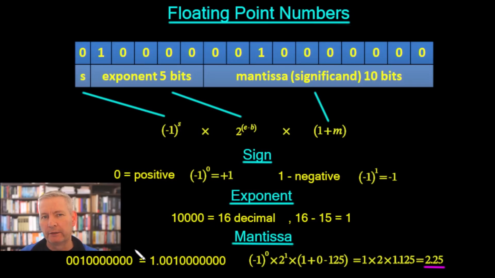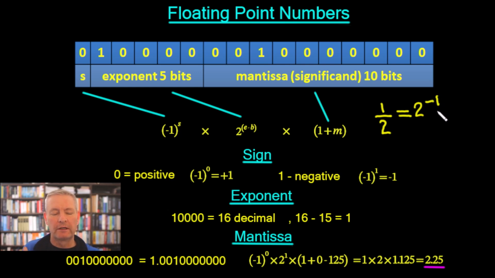So how does this bias work? Well, in order to represent the numbers between 0 and 1, these fractional values, for example, the number 1 upon 2, which is just a half, that's the same as writing 2 to the power of minus 1. So the exponent here is negative.